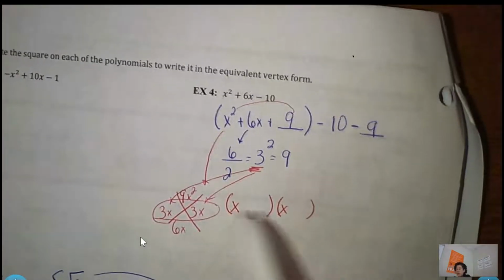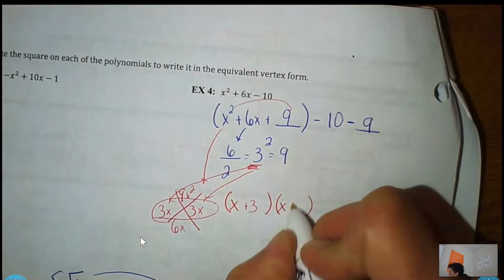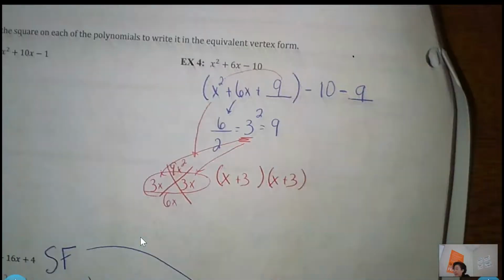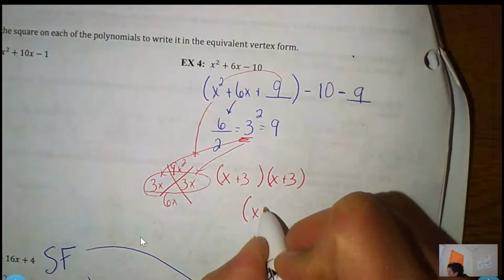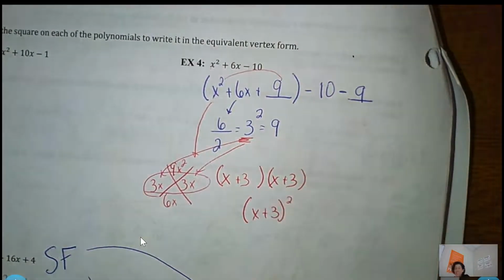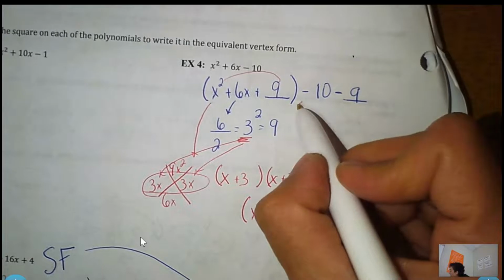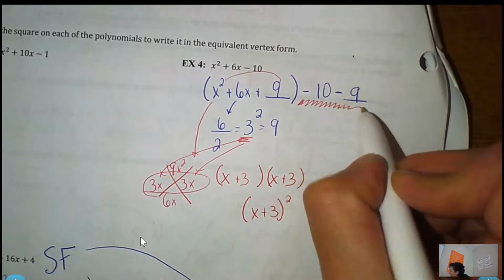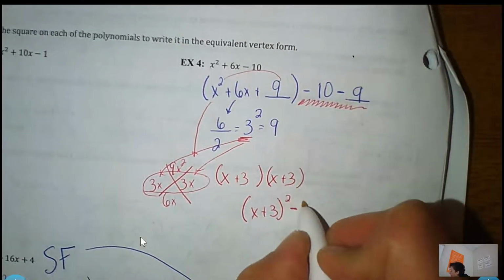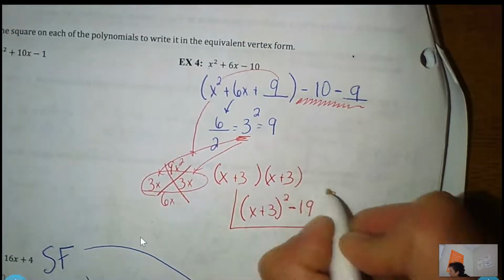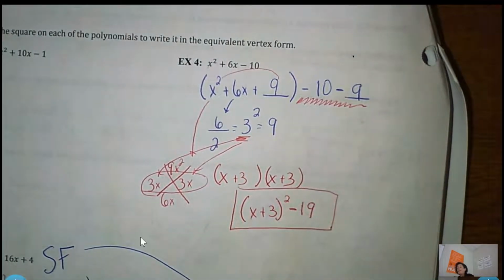They are what will go in here. Plus 3, plus 3. And then you can just go straight to here of x plus 3 squared, and I didn't have to factor it. And then I'll still simplify this. This is like a negative 10, take away a 9, and that's a negative 19. So that's part of the shortcut.